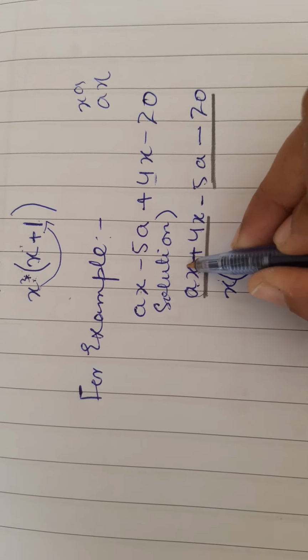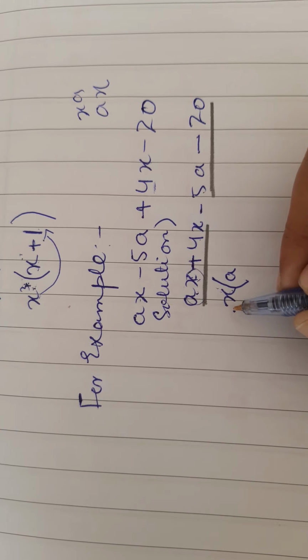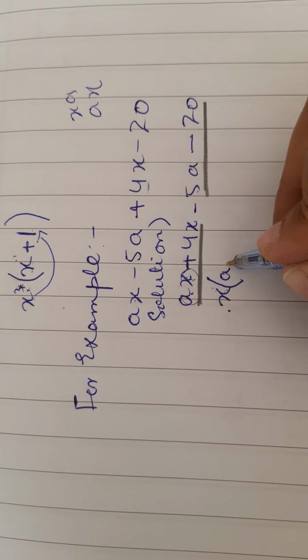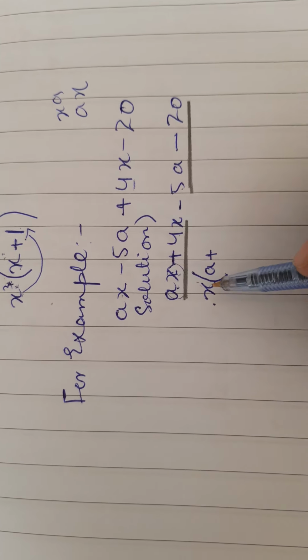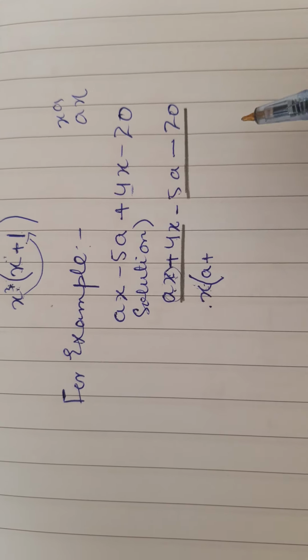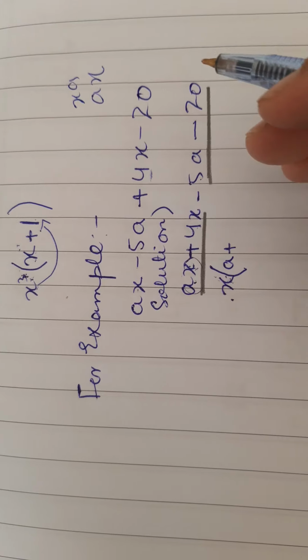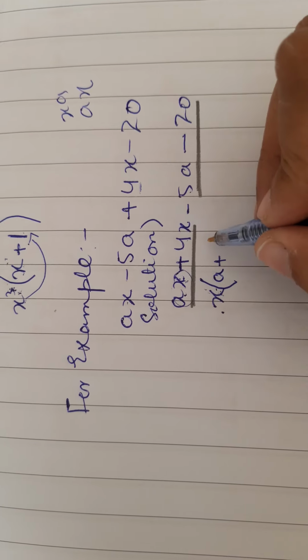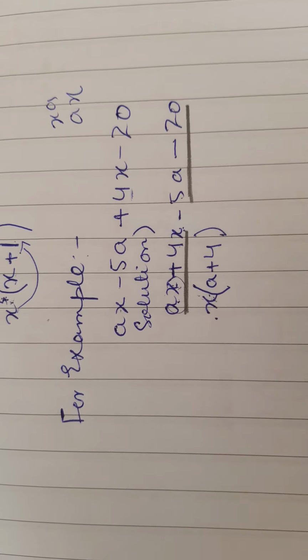So this is the same. Now we have the plus sign. Plus sign will multiply with which sign so that I get plus? Plus. Now x will multiply with which number so that I get 4x? X is already here. We are missing 4. So when we multiply x with 4, I will get 4x.